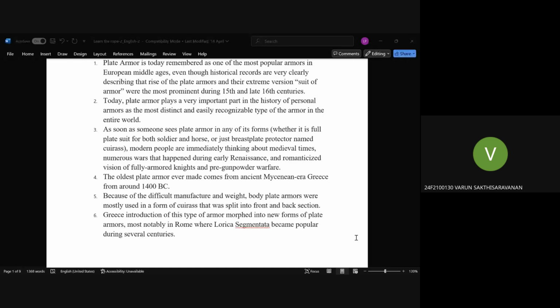Difficult. Because of the difficult manufacture, difficult is an adjective there, right? Yes. How about because of? Because you also have something called the adverb of reason.